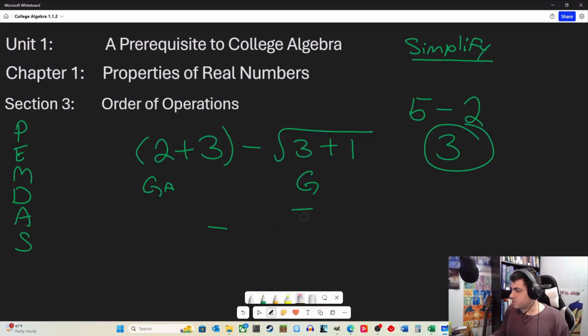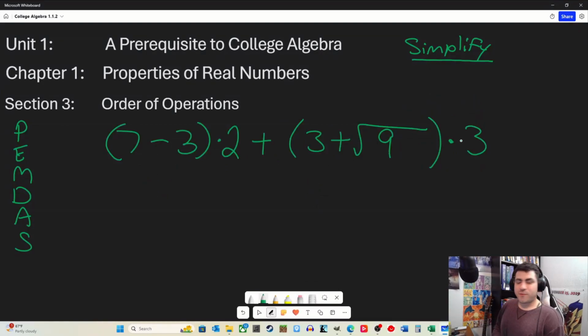Let's try another question. This time we'll add a little bit more to it. Let's say we have 7 minus 3 times 2 plus 3 plus the square root of 9 times 3. Alright, I see two groupings and some things on the outside of the groupings. Always, always, always start with the groupings.